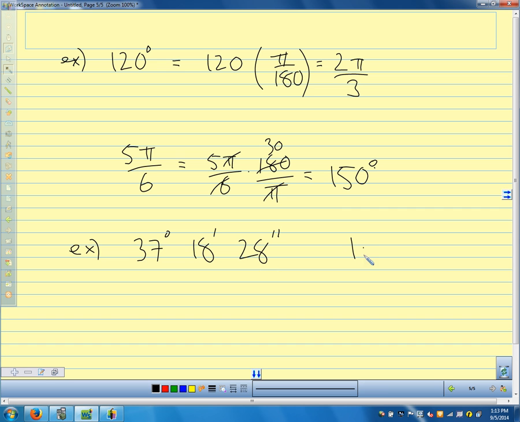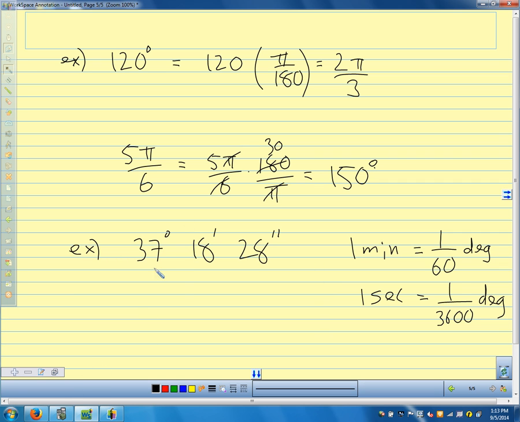And 1 minute is 1/60th of a degree, and 1 second is 1/3600th of a degree. So we could do this conversion by hand. Multiply 18 by 1/60th, turn that into a decimal. Multiply 28 by 1/3600th, turn that into a decimal. Add them together. Kind of tedious, but our calculator does it really nicely for us.